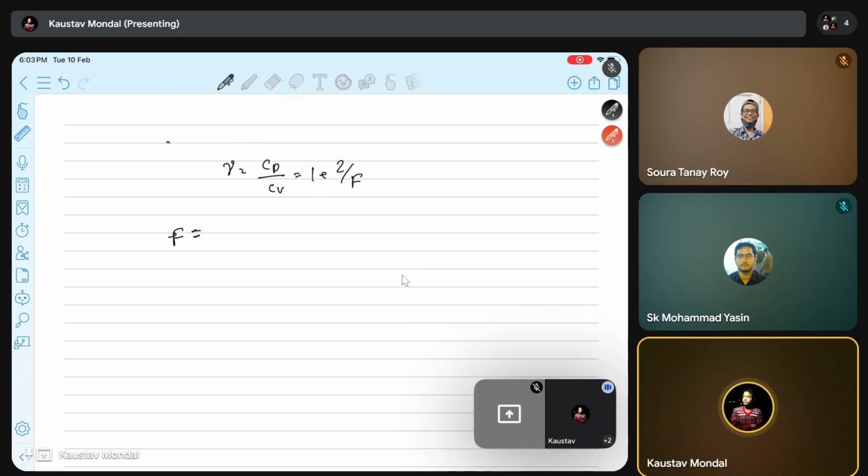Here in the question, it's a mixture of 1 mole of ideal diatomic and 1 mole of ideal triatomic gas. So what is the degrees of freedom for a diatomic gas? For a rigid diatomic gas, the degrees of freedom will be 5, right?